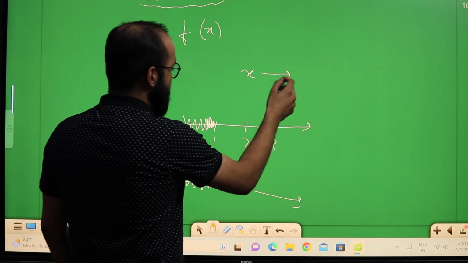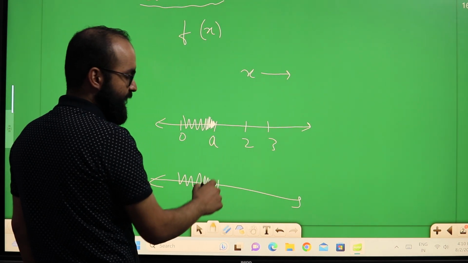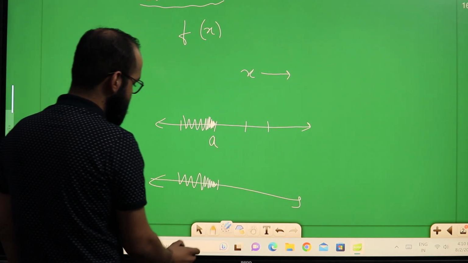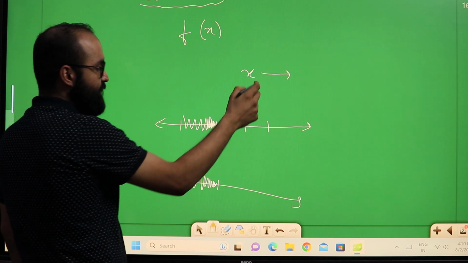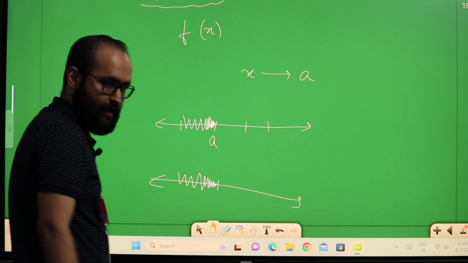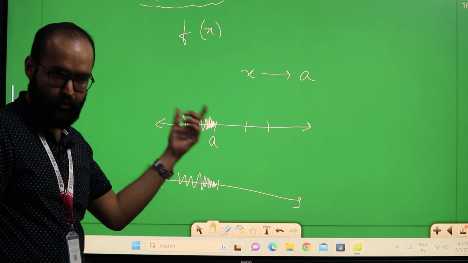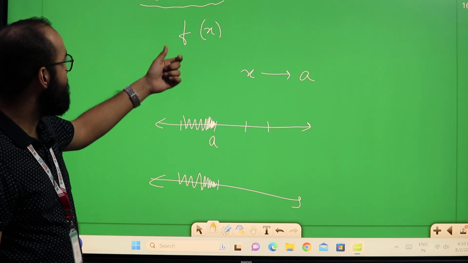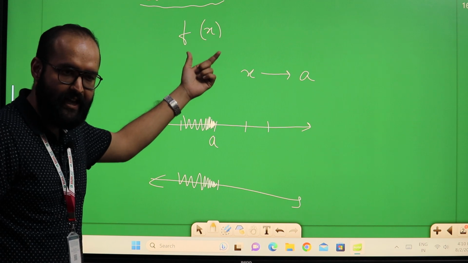Now, instead of 1, in general if we take a, then when x tends to go towards a but never exactly reaches a, any function of x will behave in a similar way.